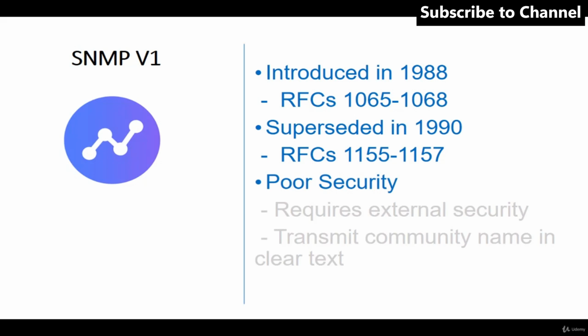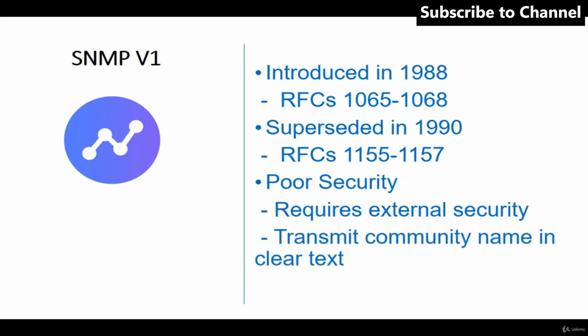SNMP v1 is non-secure and it has very poor security. Basically, there is no security built into the SNMP protocol itself, and it requires external security such as TLS or an IPsec tunnel. The reason for the poor security is that SNMP v1 basically transmits its community name in clear text.